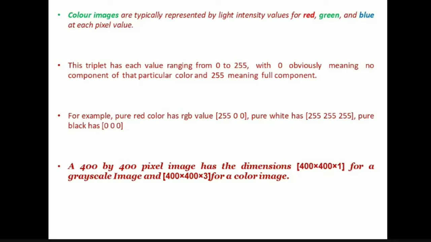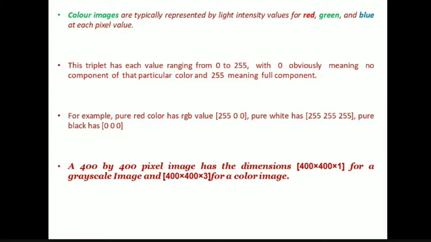Let us take an example. If you have a pure red pixel, then the RGB value for that pixel is 255, 0, 0. Why? Pure color depends on the full value. If it is 255, it represents the pure color red. As it is pure red, the other values will be 0.